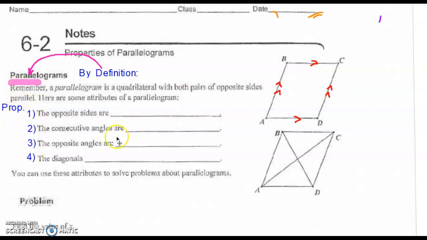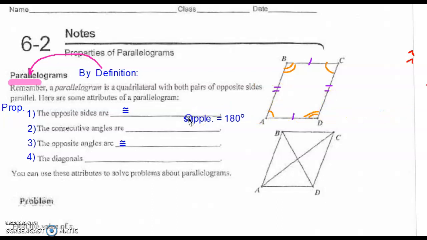These are our four properties we'll be using today. And notice that two of these opposite sides are congruent. So let me get the parallel guys out of there. Opposite sides are congruent. That's right here. Opposites congruent, opposites congruent. And also opposite angles are congruent. So the angles that are across from each other are going to be congruent.